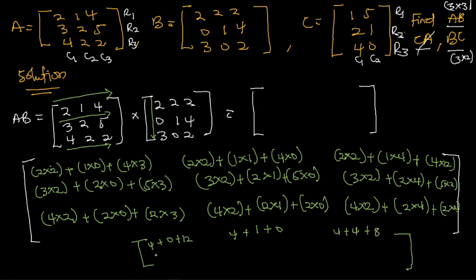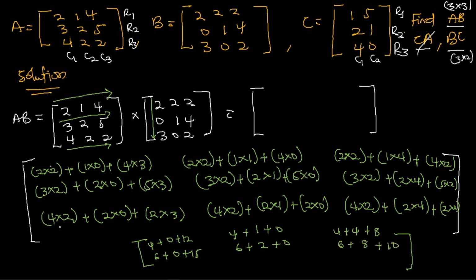So the second one we have 6 plus this guy is 0 plus 15, and then we have this guy is 6 plus this is 2 plus 0, then we have this is 6 plus this is 8, then plus 5 multiplied by 2, this is 10.